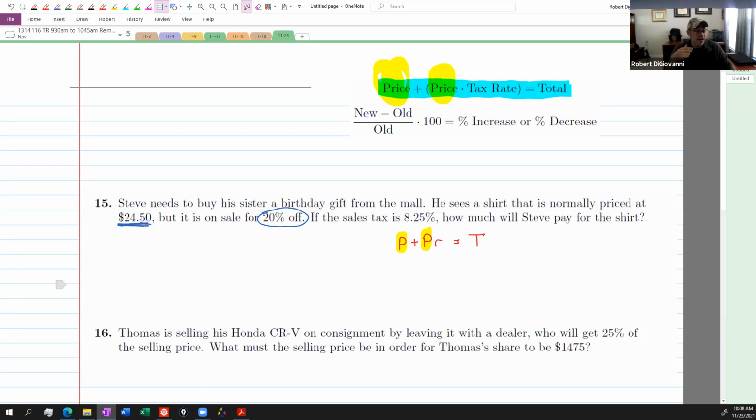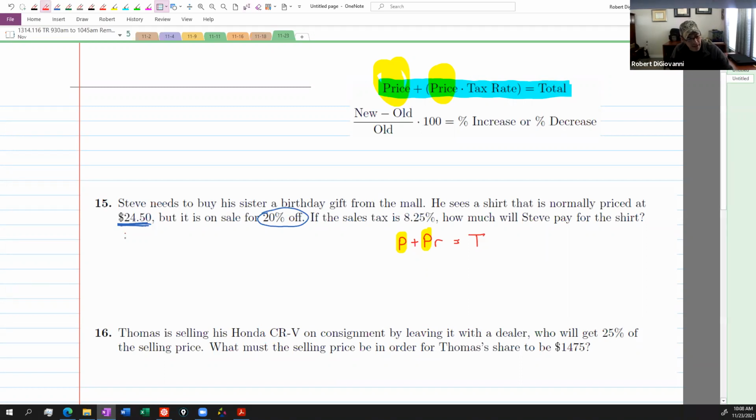The other way, which I think is more efficient, is instead of saying what's 20% off, just say what's 80% of this price. If you take 20% off of something, it's the same as paying 80% of it. Instead of 100%, you're going to pay 80%. That's the way I like to approach it.